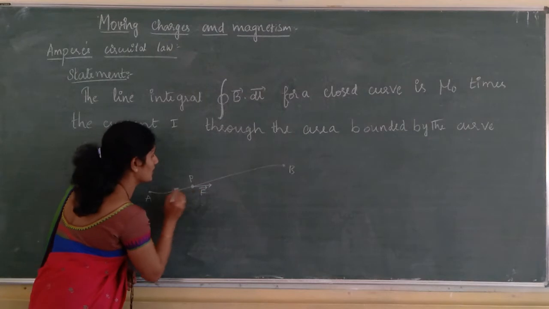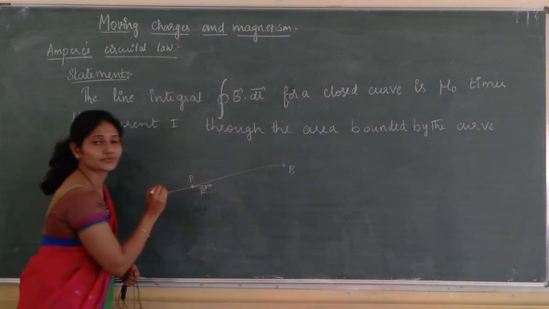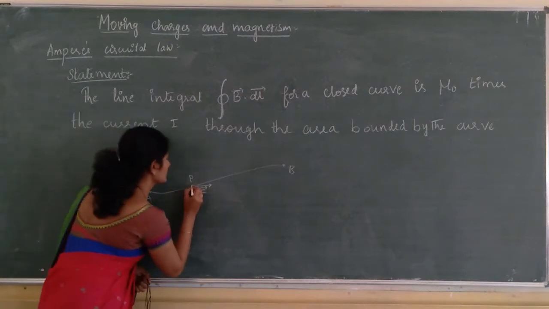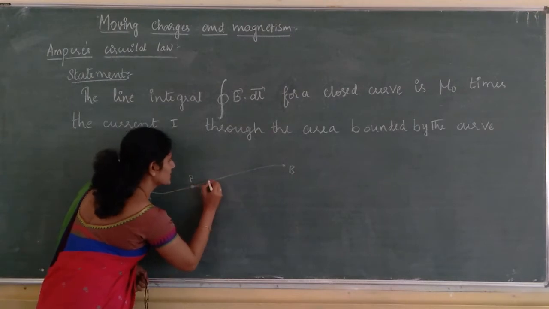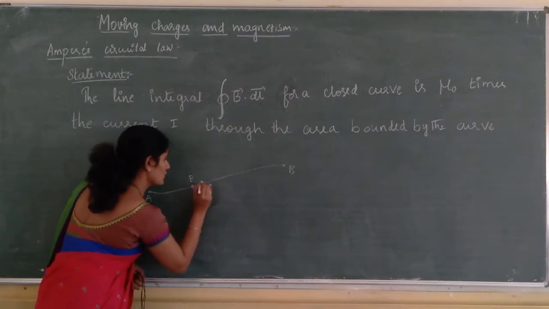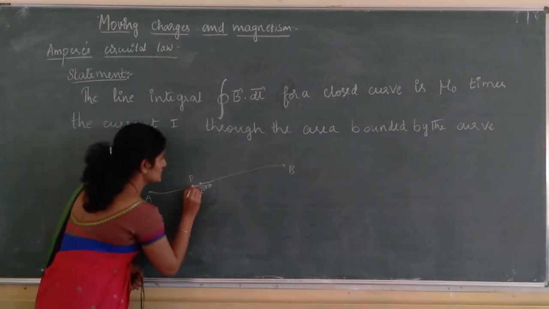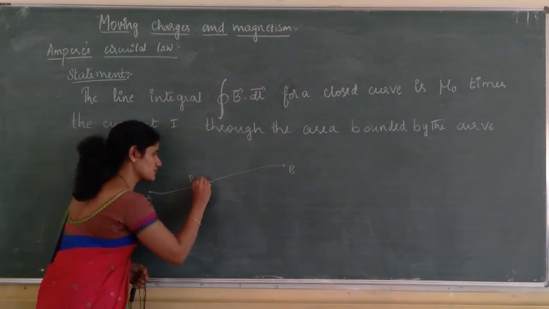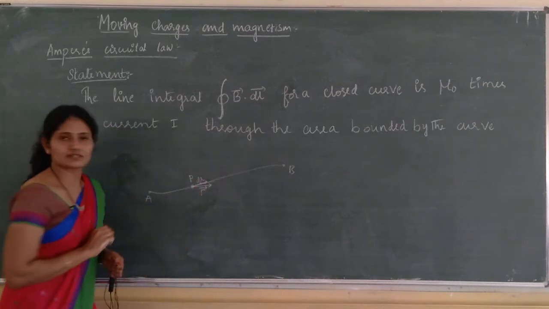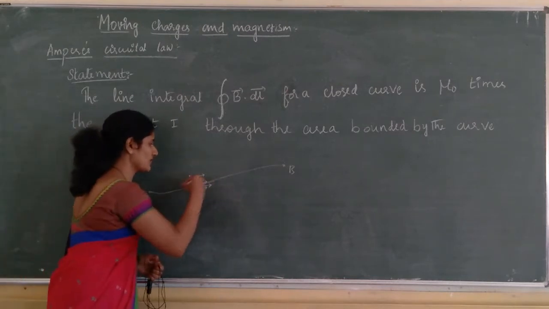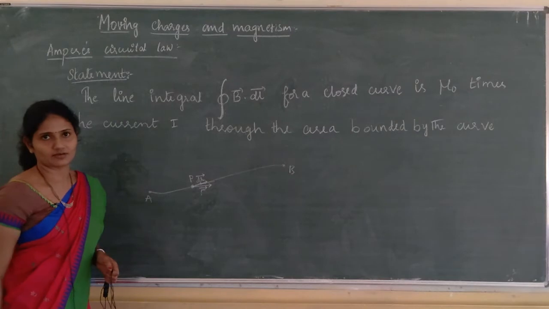This is the initial point, and after the application of force the object moves here. So the displacement is dr. Displacement is a vector quantity, so dr vector.